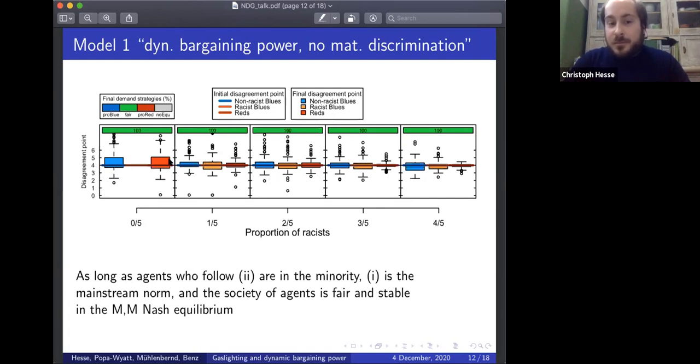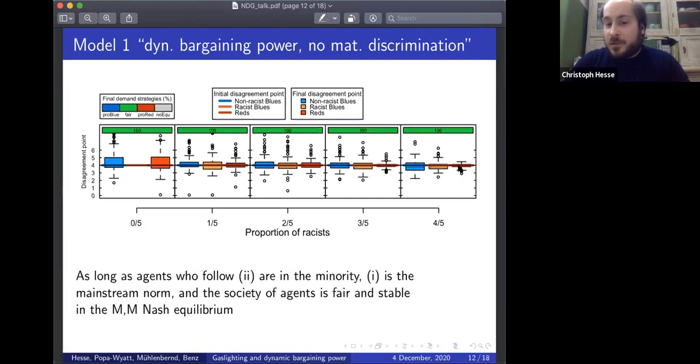And what we see is there's a blue group of non-racist blue agents. There's a red group of non-racist red agents, and the yellow one in the middle, that's the group of racists, which becomes bigger over time. And we see that if we start all of the different groups with a disagreement point of 4, at the end, the median is still at 4.